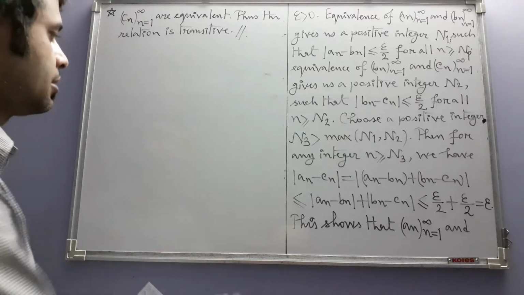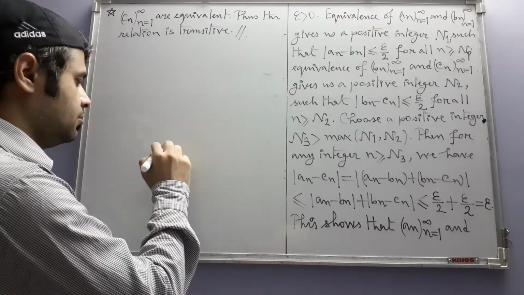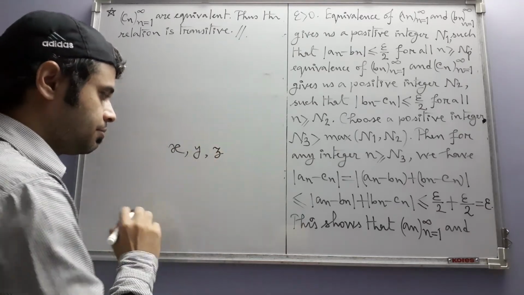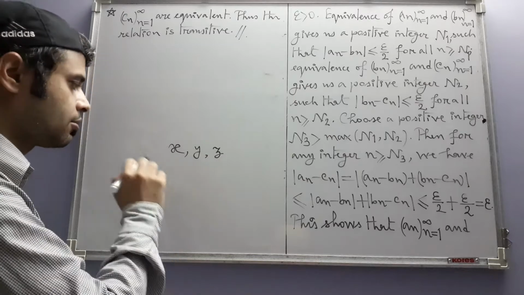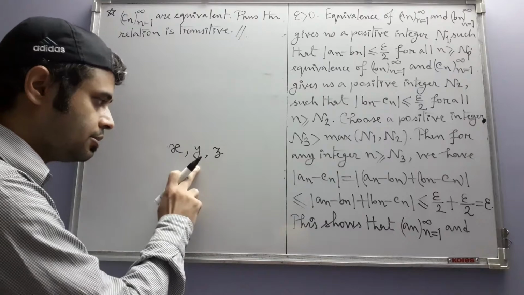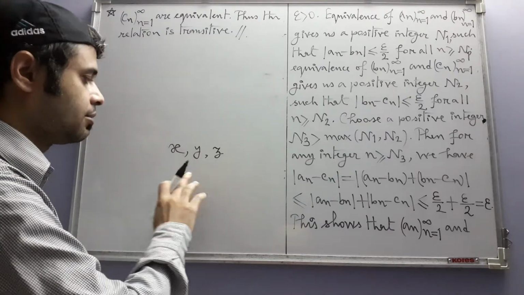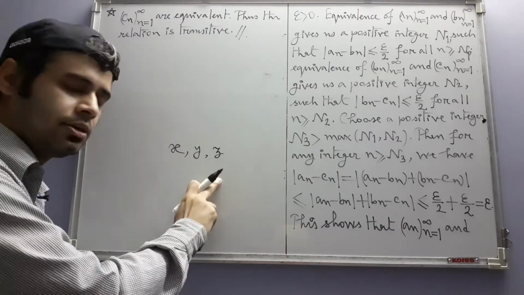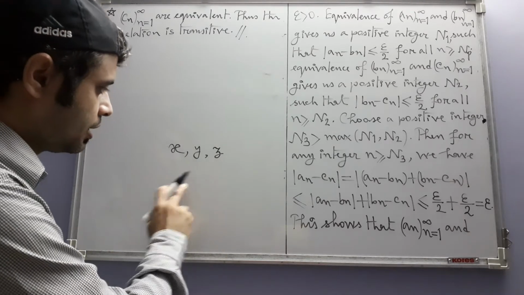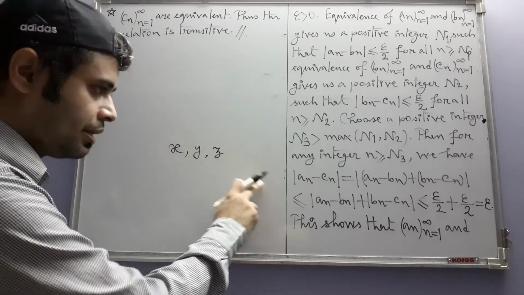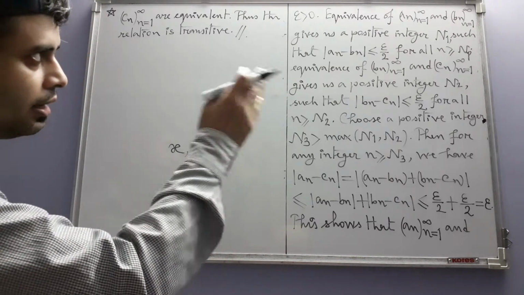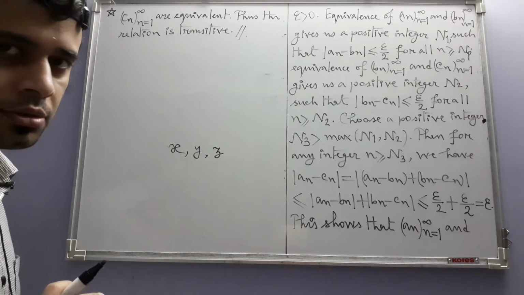It may be the case that already 3 real numbers are given for which we found Cauchy sequences an, bn and cn, whose formal limits are these real numbers respectively, and then we are trying to prove that x is equal to x. If x is equal to y, then y is equal to x, and if x and y are equal and y and z are equal, then x and z are equal. If that is the case, then an, bn and cn are already available to us.